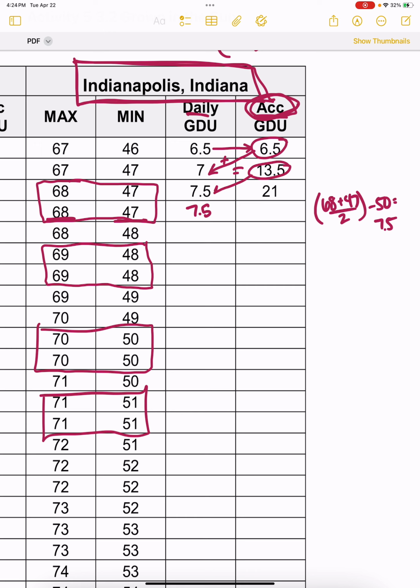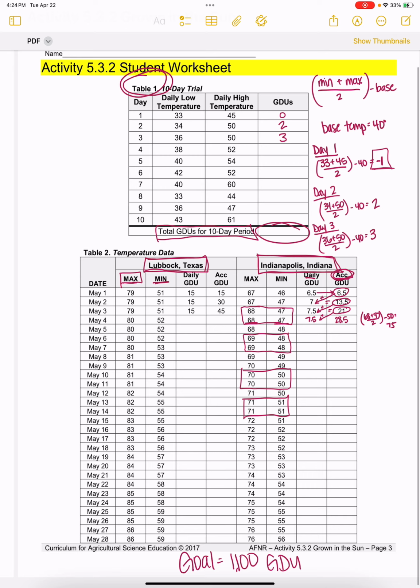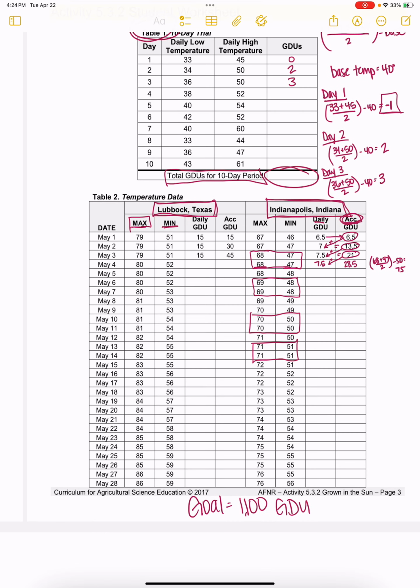This one plus this one equals this one. So for this next one, I'm going to take 21 plus 7.5 again, and that's going to give me 28.5. So you keep adding your growing degree units to keep track of your totals throughout, instead of doing all of your calculations for your daily GDUs and then going up and adding them all together. You're just keeping a running total.